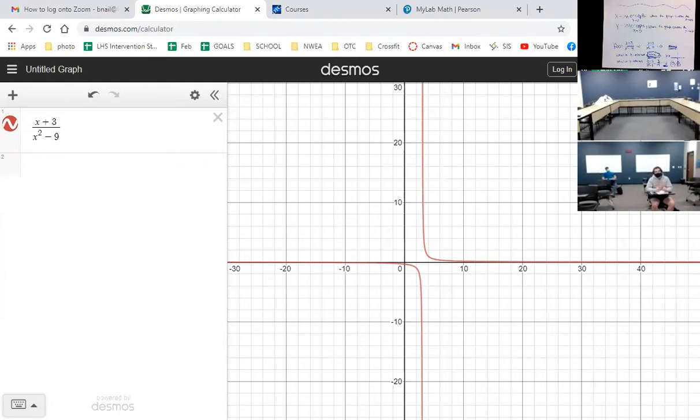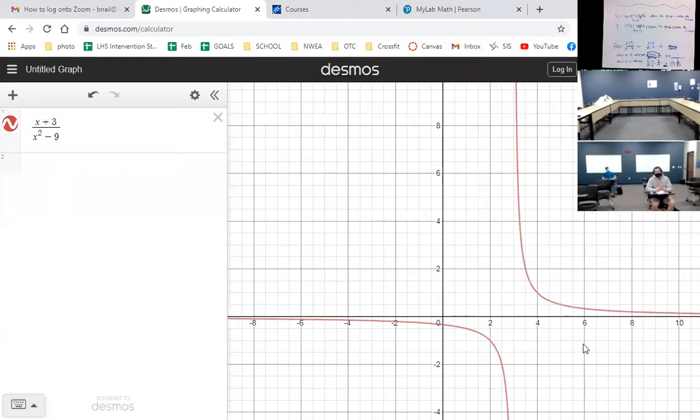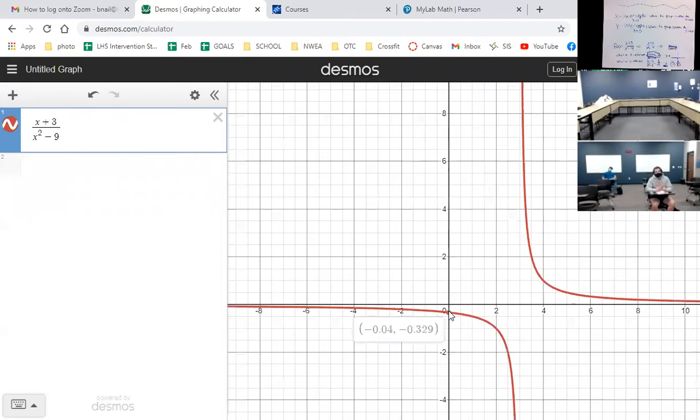And then the y-intercept is where we cross the y-axis. So if I zoom this in, say right here, at 0 and then negative 0.3 repeating, so that's negative 1/3. That's where my y-intercept is. And that's what we found here.